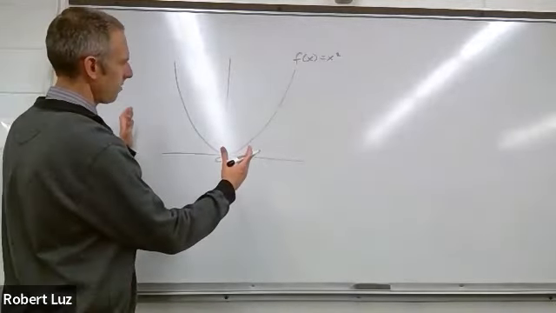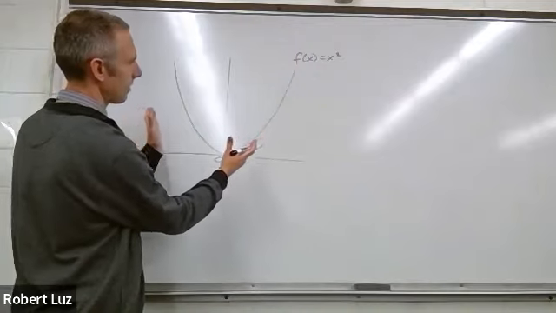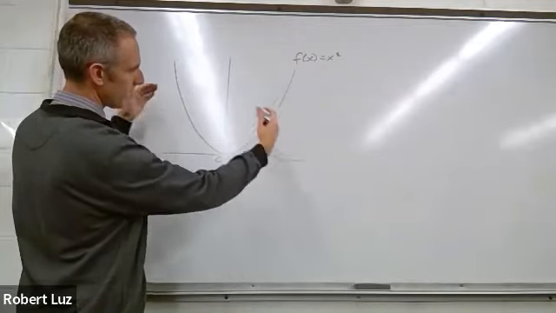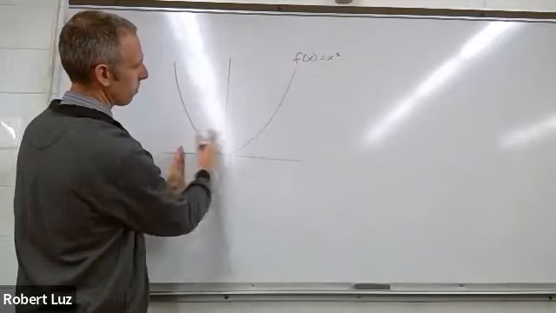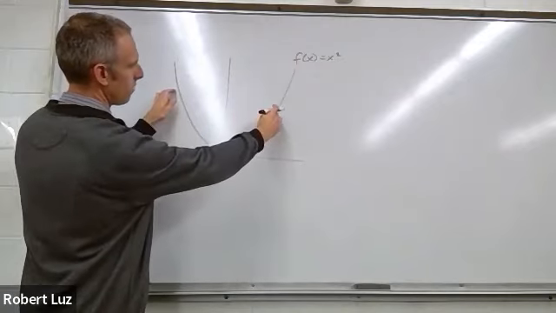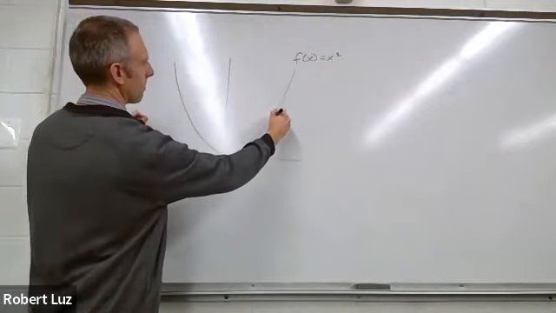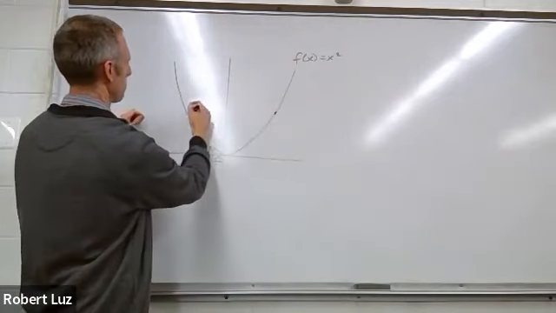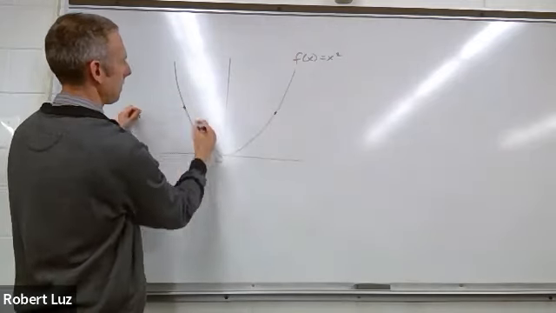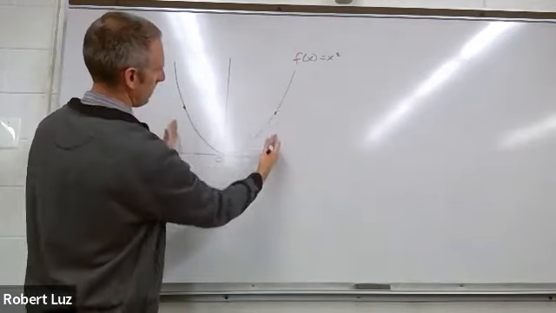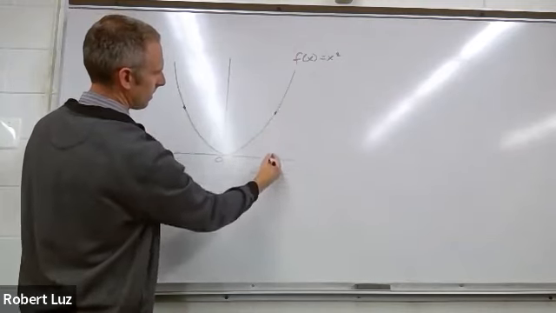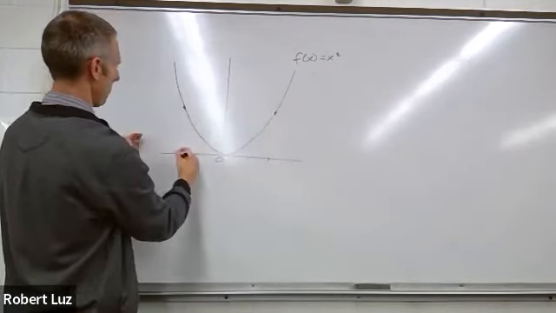What you're looking at are two normal lines at symmetric points on the parabola. So you have one here, and a symmetric point on this side. We'll look at the x coordinate of each one.